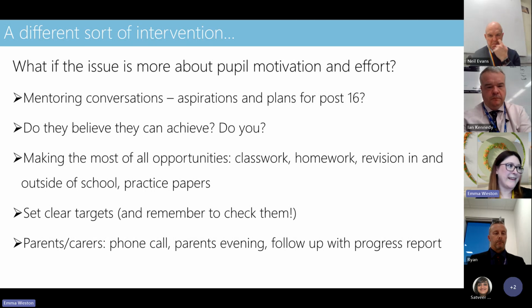And I'd said about parents and carers, but that could be a phone call home. It could be making sure that you're making the most of parents' evening. What sort of information are parents and carers given at parents' evening, and could they be given more information? So I used to print off a sort of general information sheet that then had space on the back for particular targets for the people I had in front of me, and we'd maybe note some down over the course of the meeting.